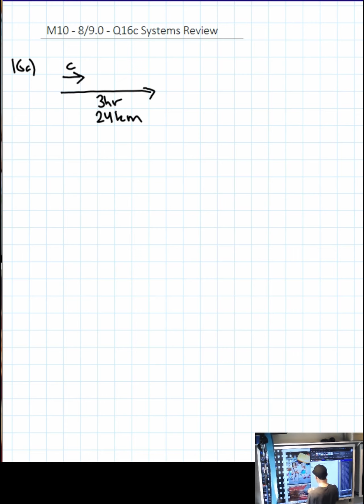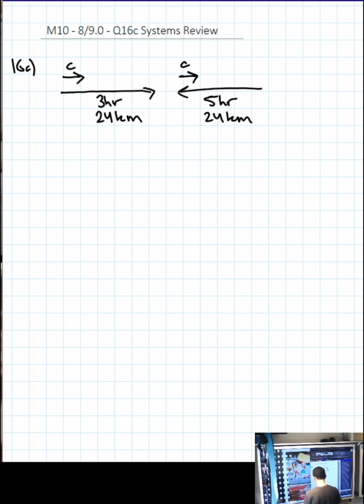So let's put C there. And 5 hours to return. So to return the same distance, 5 hours, 24 kilometers. Now it hasn't told us the current has gone away, so we're assuming it's still there, going against the current.